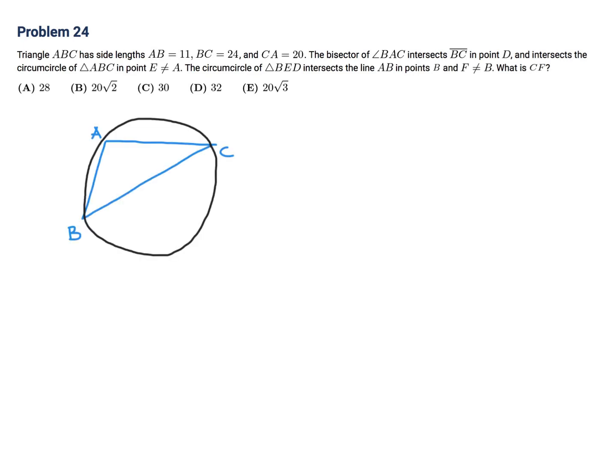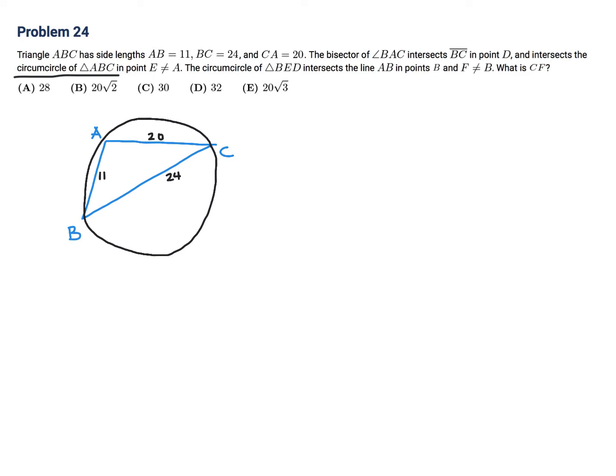I have drawn the triangle ABC, and then I've drawn a circle around it, representing the circumcircle of ABC. Let's start with the question. We can label this: AB is 11, BC is 24, and CA is 20.